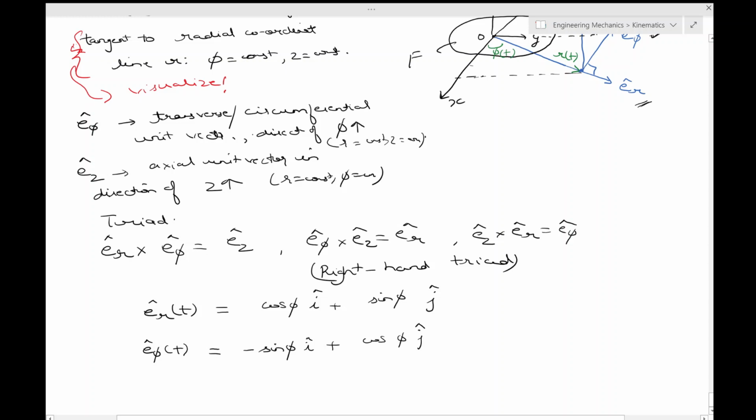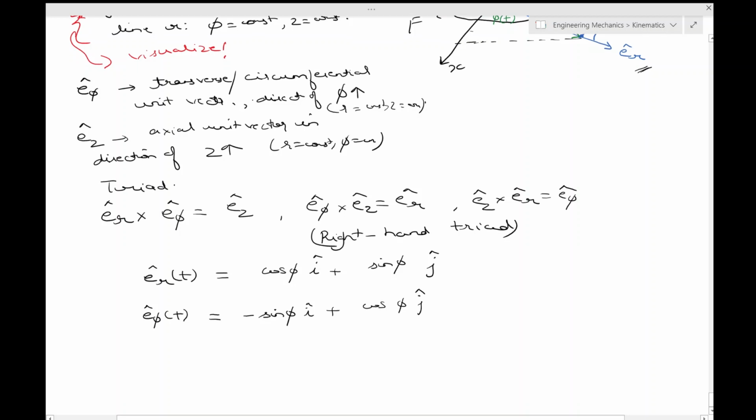Okay, so this can be written, and I mean, if you will be learning direction cosines sometime in the future, this will be much easier to do with that. But for now, you can continue writing it like this. It's easy to visualize as well.